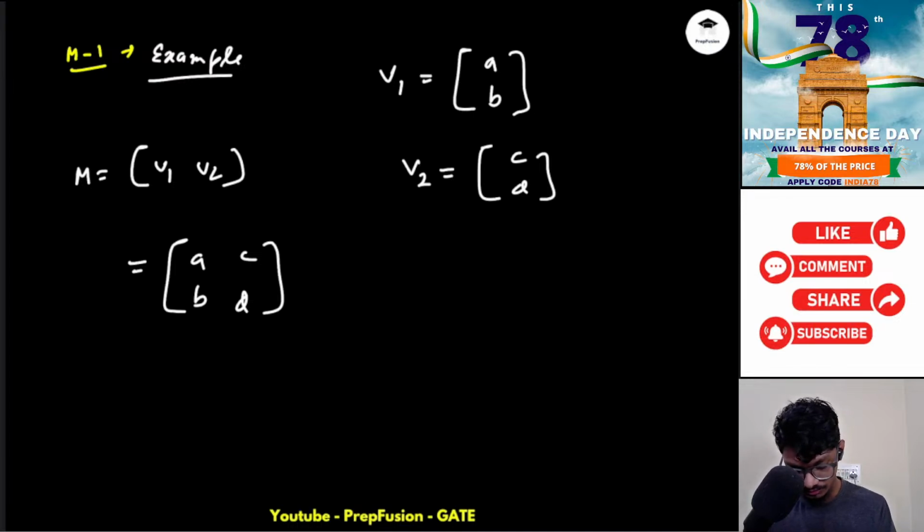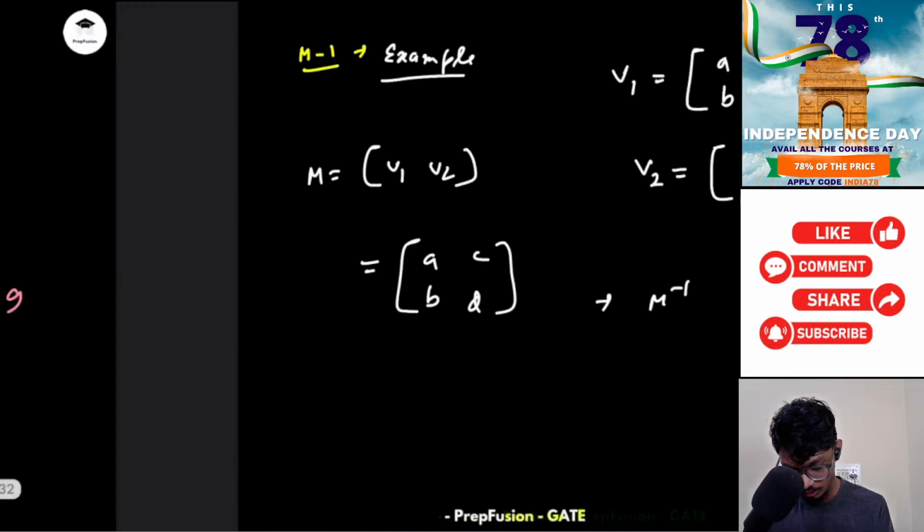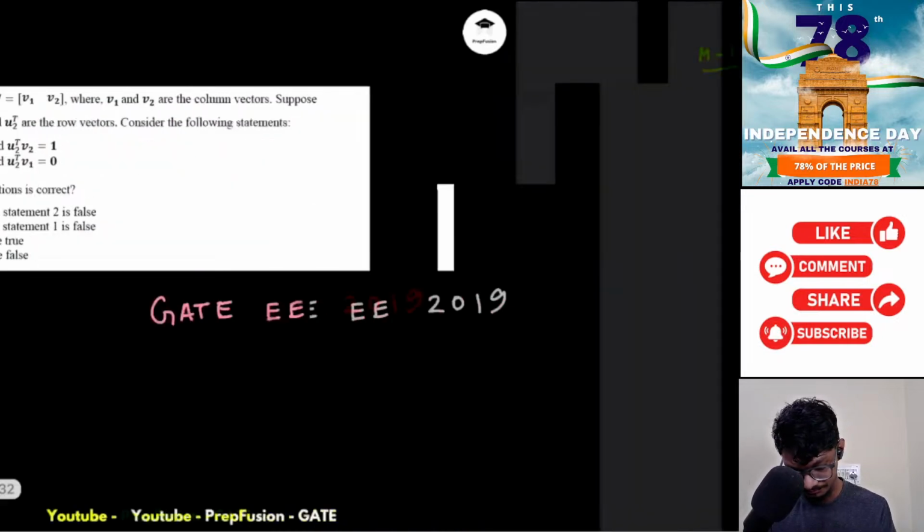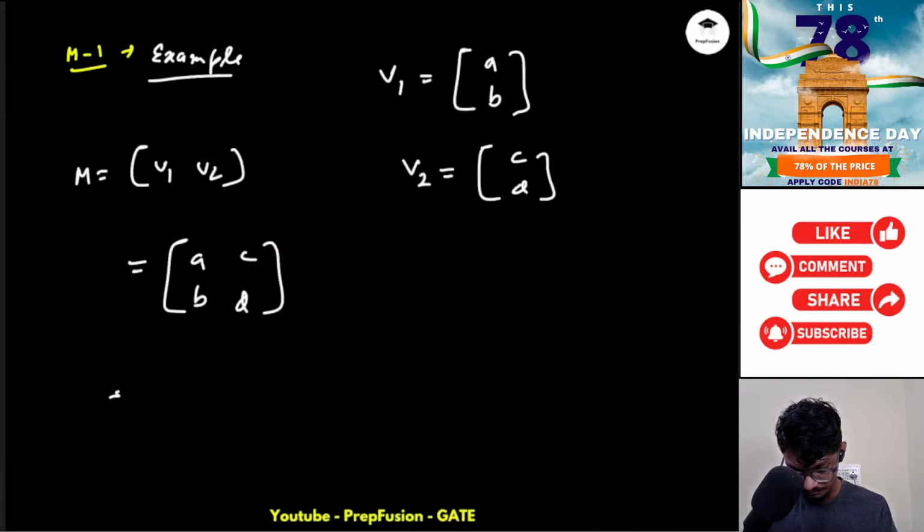So my M inverse will be, because they are talking about M inverse here as well. In the statement, they are talking about M inverse, and M inverse is like these row vectors. M inverse will be simply this. Do you know what is the inverse of a 2 cross 2 matrix?